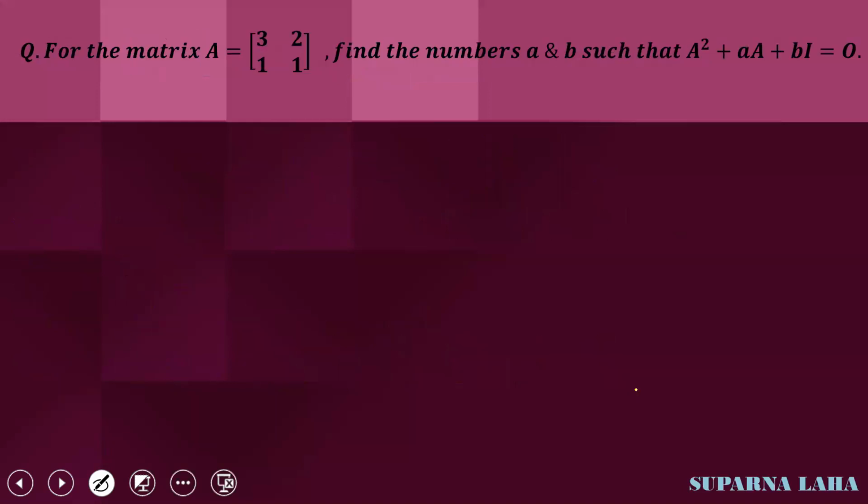So next question, from this matrix, find the numbers a and b such that A square plus a into matrix A plus bI is equal to null matrix. So first of all, same process, firstly find A square. A is given 3, 2, 1, 1.